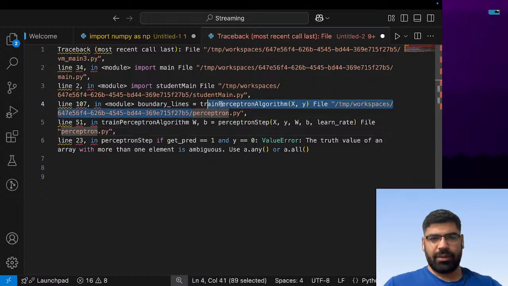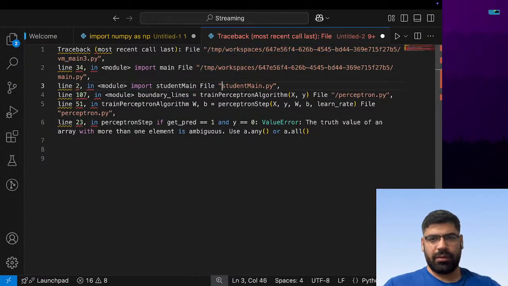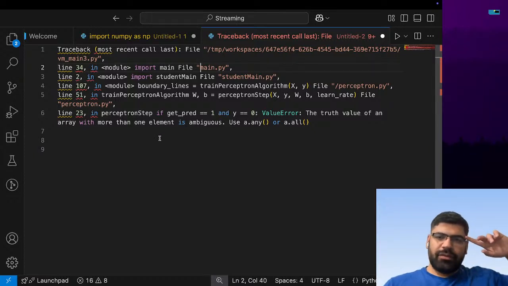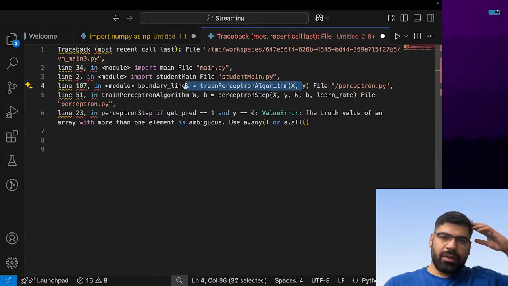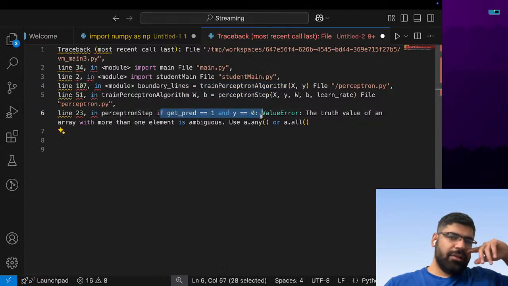In the perceptron, this one. Okay, so we have line 34 in main.py, and it says the truth value of an array with more than one element is ambiguous.